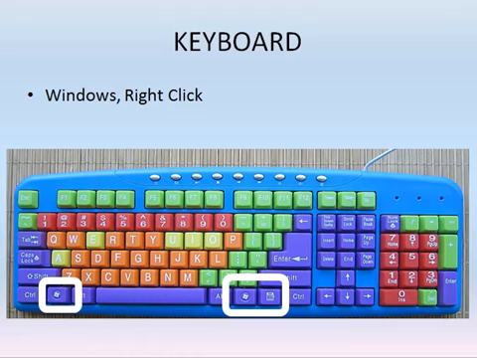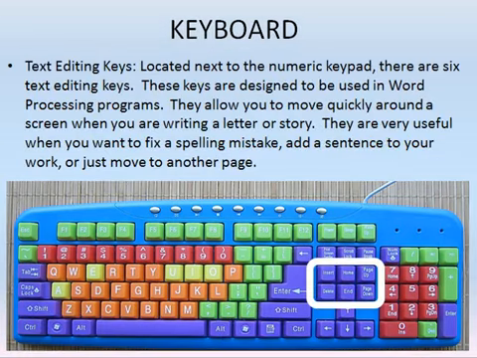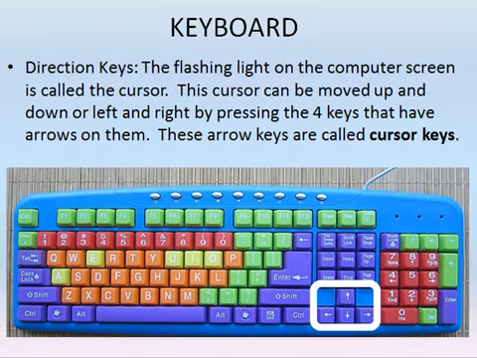We'll understand this further when we are doing the introduction to Windows. Then we have the text editing keys, which are insert, delete, home, end, page up and page down. These are also majorly used in the office programs, that is Microsoft Word or PowerPoint.